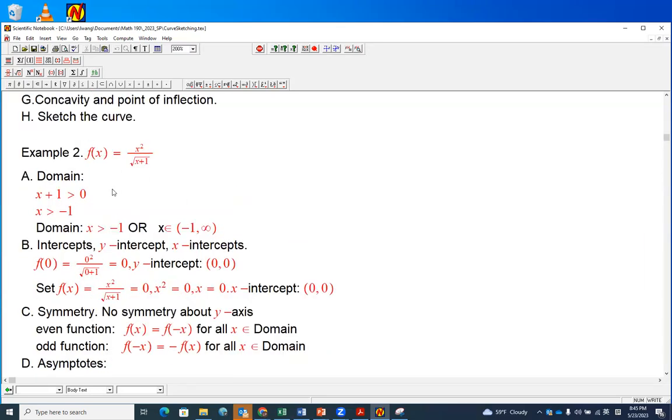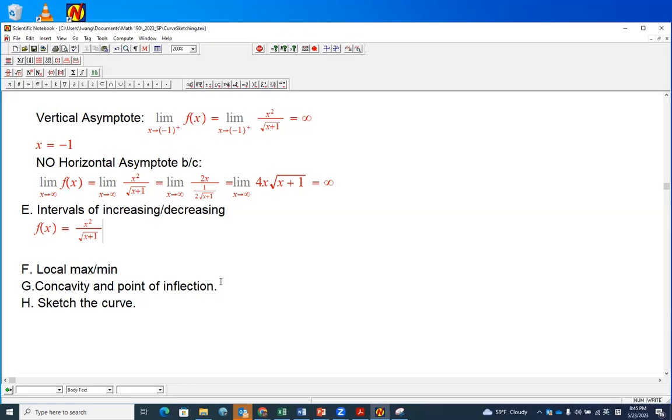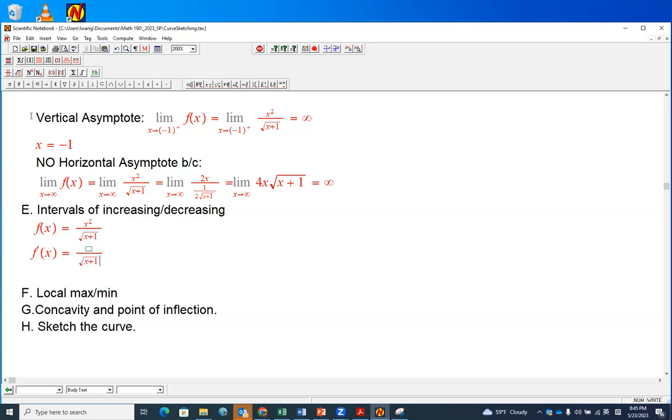So finally, we get to take a derivative of the given function to identify critical values, right? So if f of x is such, what's the derivative of it? Apparently, we're going to apply the quotient rule. Applying the quotient rule, the denominator will be squared.